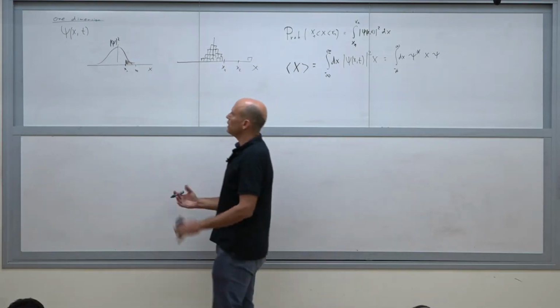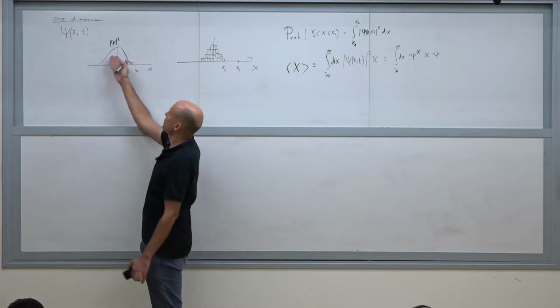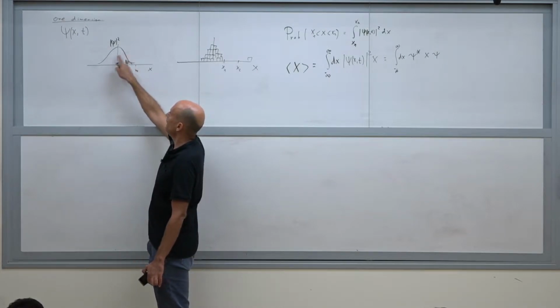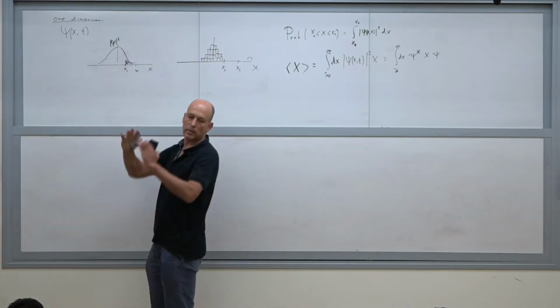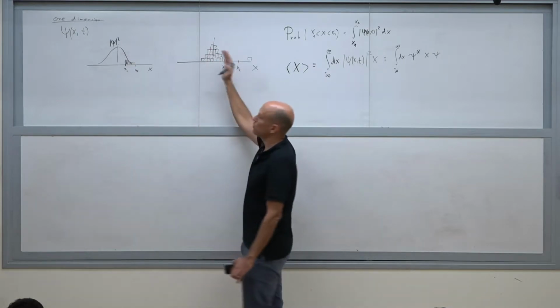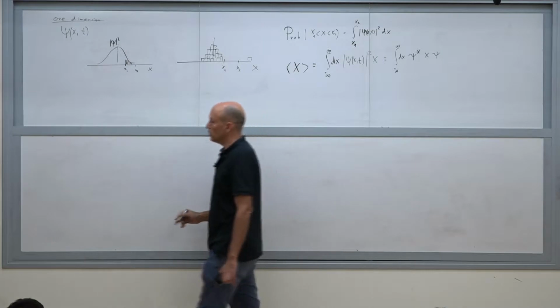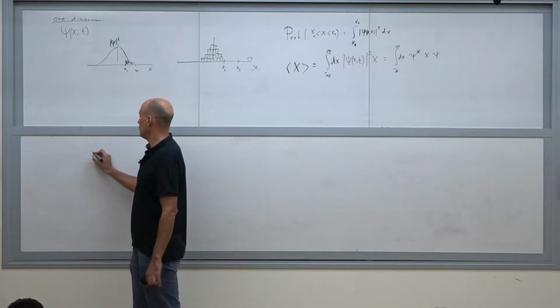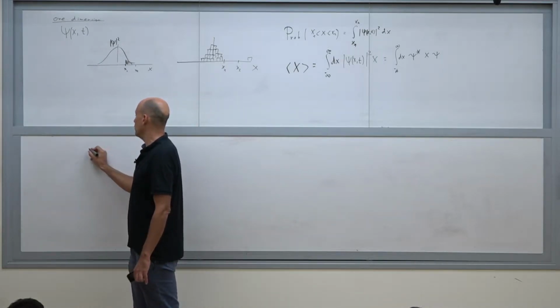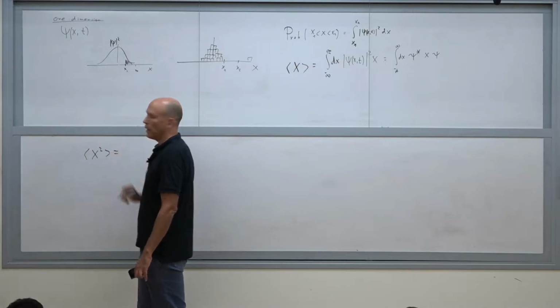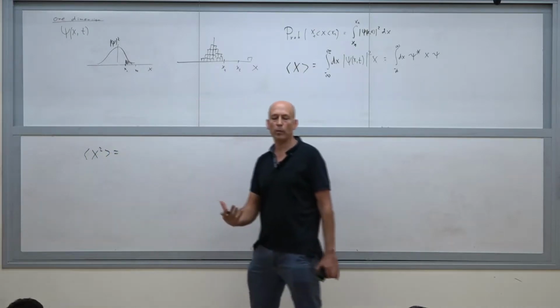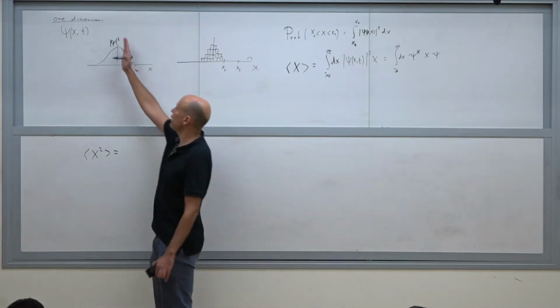So the quantumness of this object, this simple object, is the fact that it has some width, the fact that you can measure different values. So naturally, one would like to calculate it or characterize it. So this you can do, for example, by calculating not the first moment, because the first moment gives you the average.